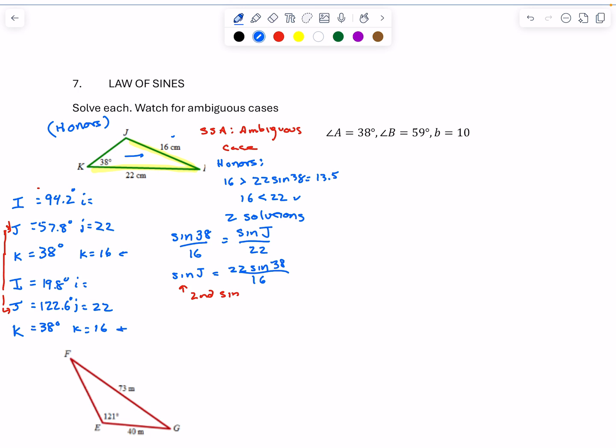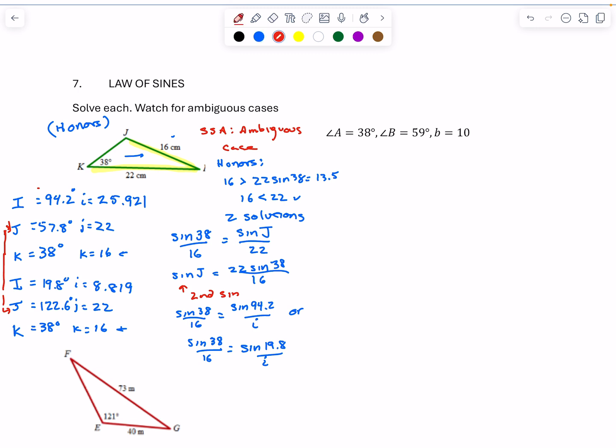So for the first one, we have sine 38 over 16 is sine 94.2 over I. Okay, and then we just cross multiply and divide by sine of 38, and we get I in both cases. Notice when I is a small angle, it comes out to a small side. When I is a bigger angle, it comes out to a bigger side.